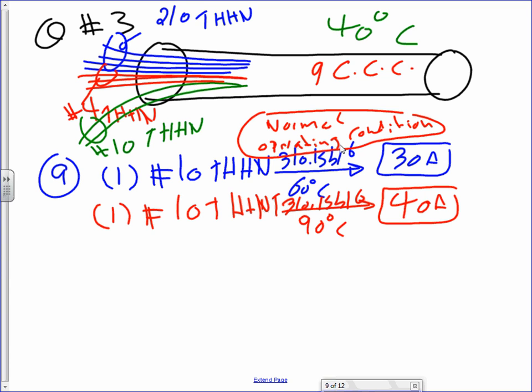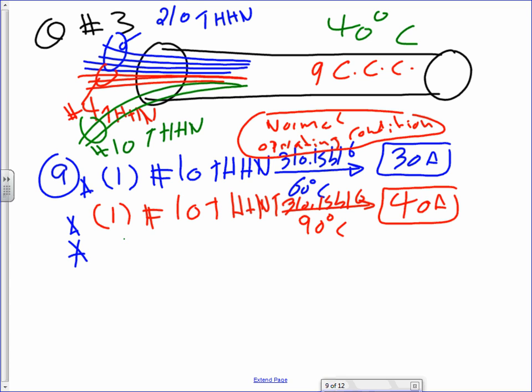So look at the amps. Under normal operating condition, 30. Under abnormal operating condition, that conductor can be sized based on the 40. Okay, that's the second thing that you need to do. So that's one, two. The third one is derating. Now let's go derate.